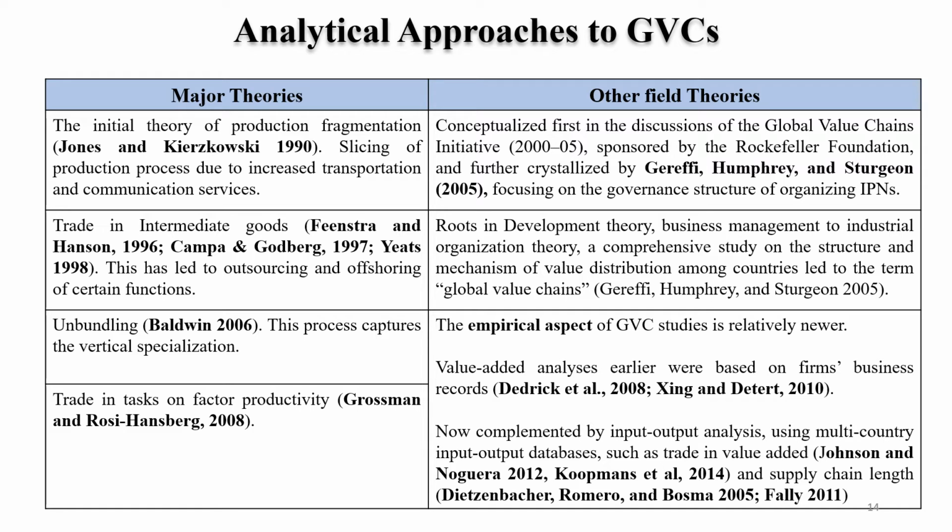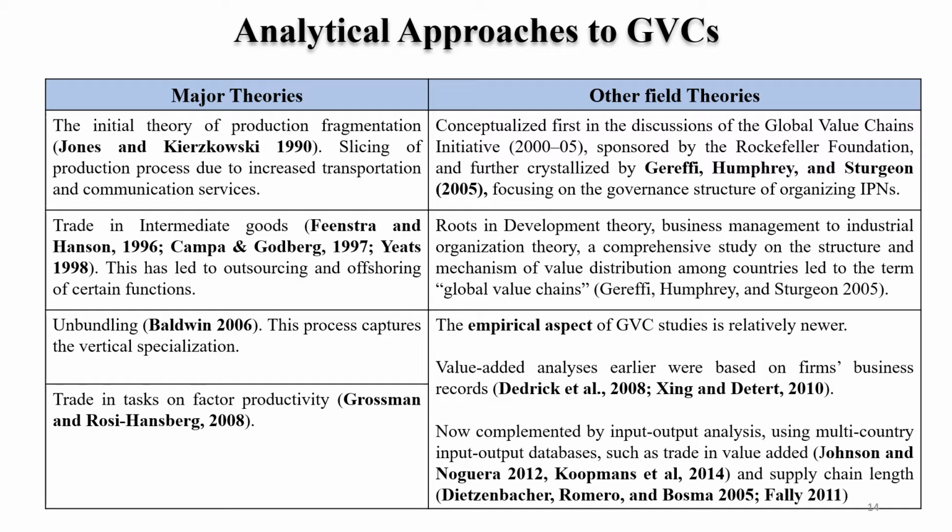The second unbundling was due to reduction of information and communication cost, which is due to the rapid development of information technology. Apart from that, Grossman and Rossi-Hansberg's work tries to highlight how to harness the advantages of higher factor productivity in different locations.